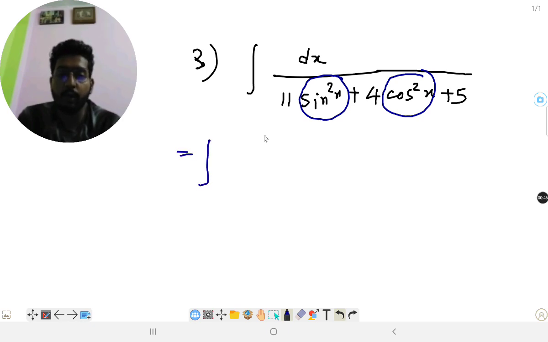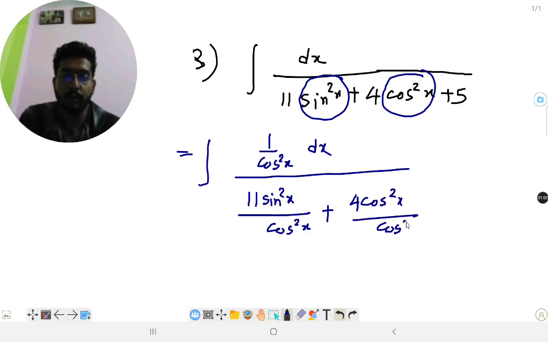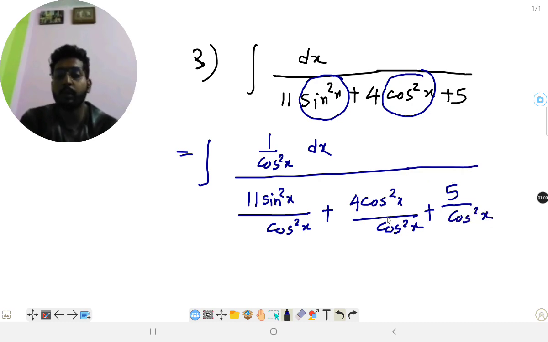That means it will become 1 by cos square x dx divided by 11 sin square x by cos square x plus 4 cos square x by cos square x plus 5 by cos square x.